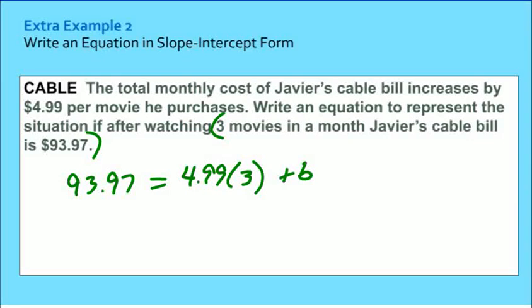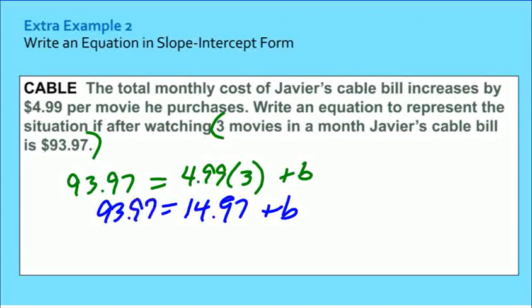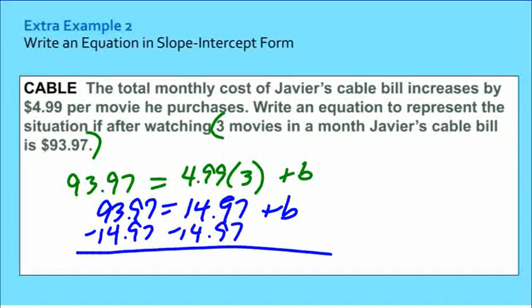4.99 times 3 gives us 14.97 plus b equals 93.97. To get b by itself, I subtract 14.97. I end up with b equaling 93 minus 14.